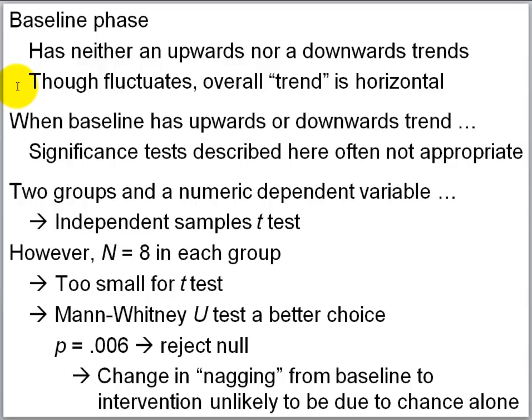The baseline measurements were not trending upwards. That would be indicated by a pattern sloping from lower left to upper right, and similarly they weren't trending downwards. That would be indicated by an upper left to lower right pattern, but rather the overall trend was horizontal.